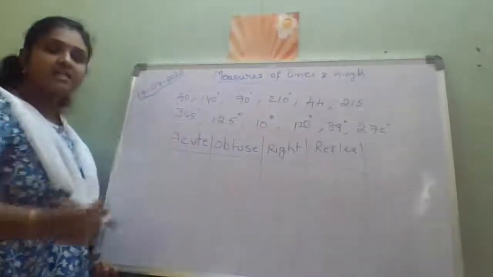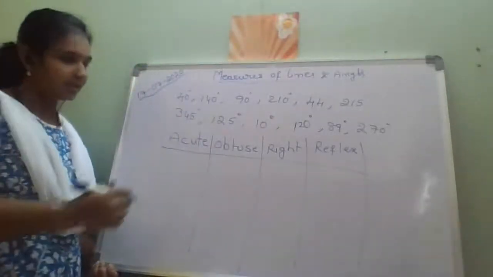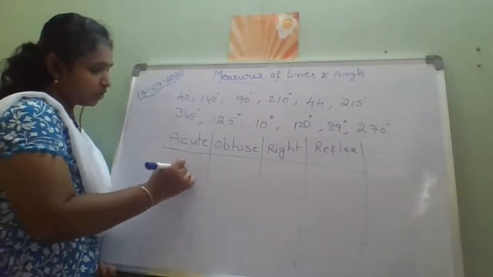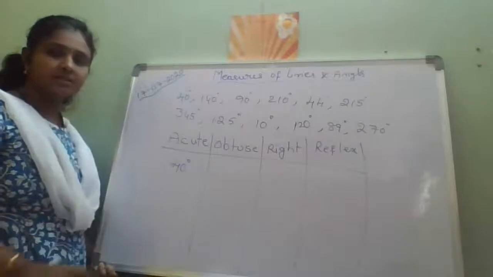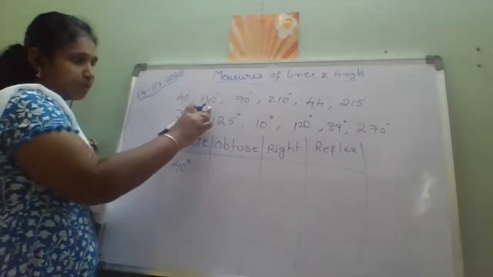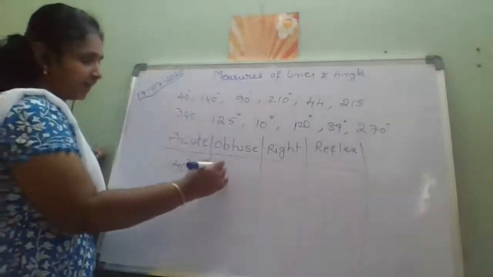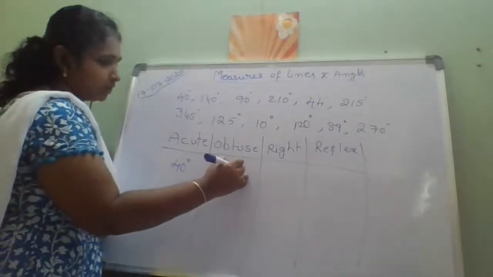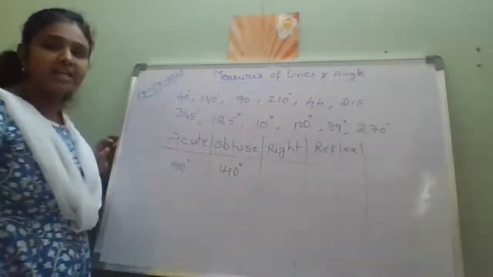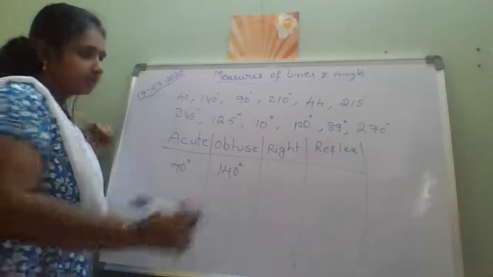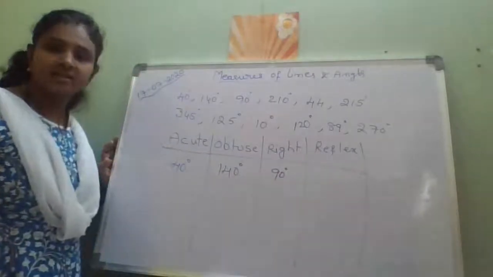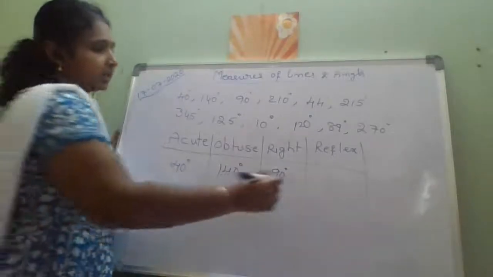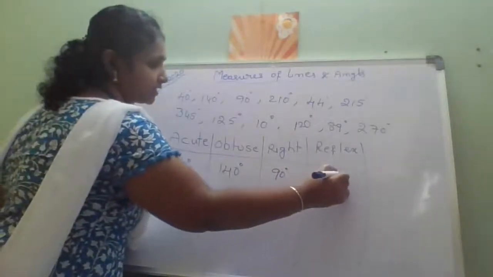Acute. 140 degrees, obtuse, 90 to 180. 90 degrees, right angle. 210 degrees, reflex.